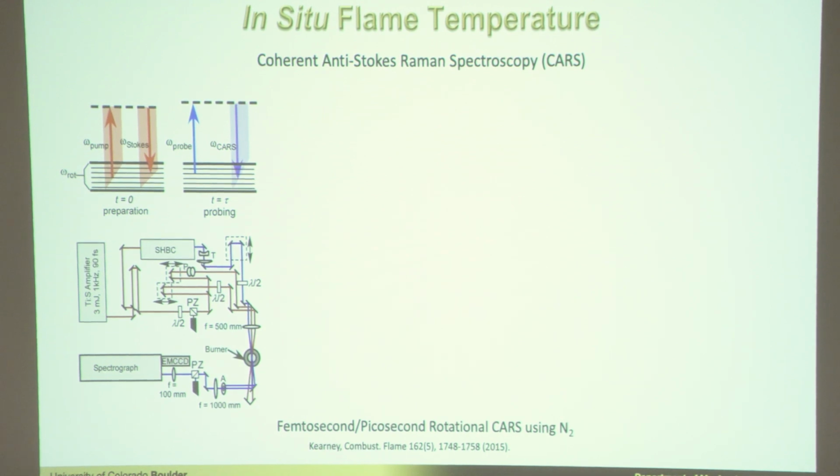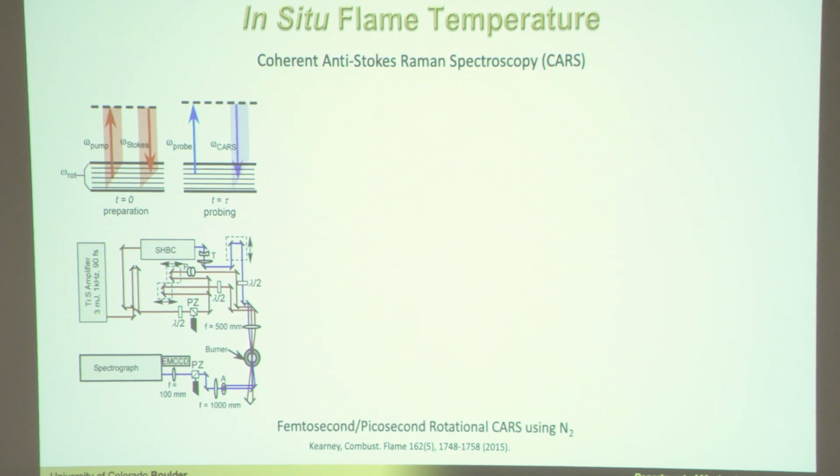So you have a pump beam, a Stokes beam, so you stimulate that, a probe beam, so that's another color beam, and then you get the CARS signal, which is what you measure with your detector. You disperse that and get a spectrum, and then you can use that distribution. So it's kind of like doing LIF, but doing it all at one pulse. So you can basically get a temperature in a single pulse.